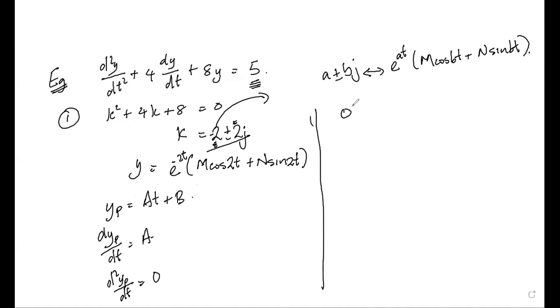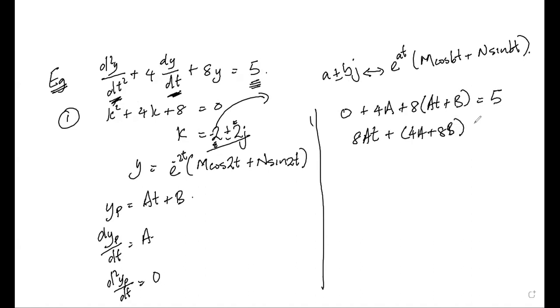So it's going to be 0 plus 4a, plus 8(at + b) equal to 5. That is 8at + 4a + 8b = 5.